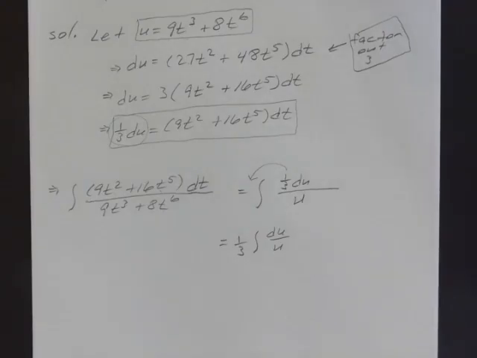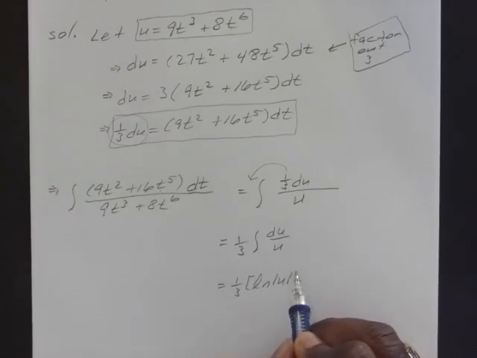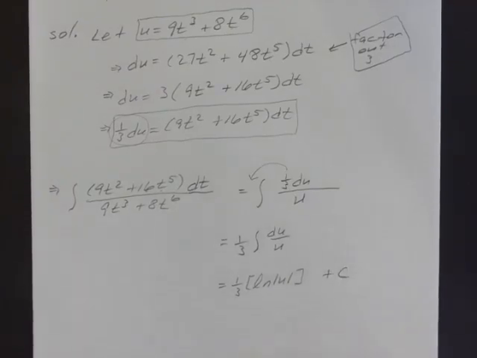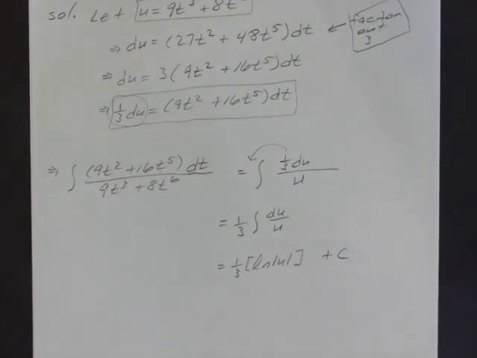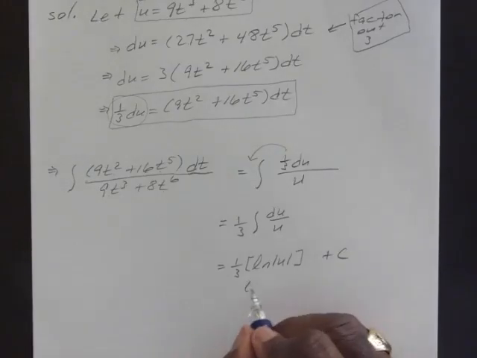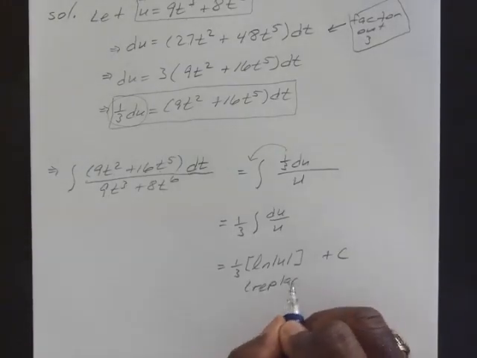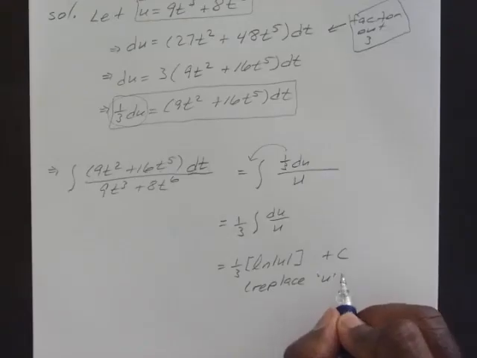Well, we know the integral of du over u is the natural log of u. So that's equal to 1/3 times the natural log of u plus c. So all we have to do is replace our u.